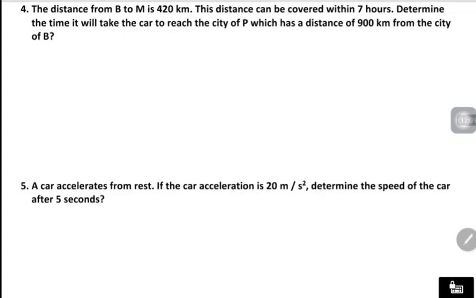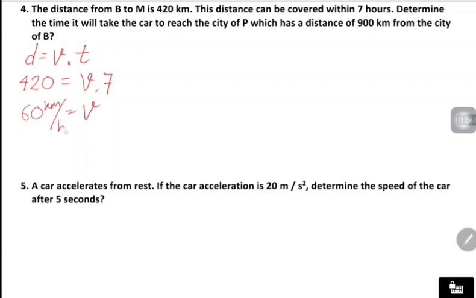The first process journey from B to M is 420, so that the velocity can be found: distance is equal to velocity times t. Okay, 420 equal to v times 7 hours. Then we get the velocity is 60 km per hour.